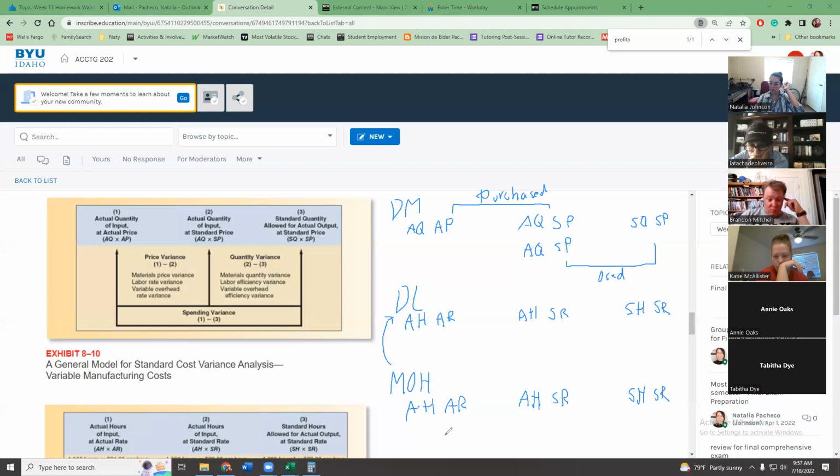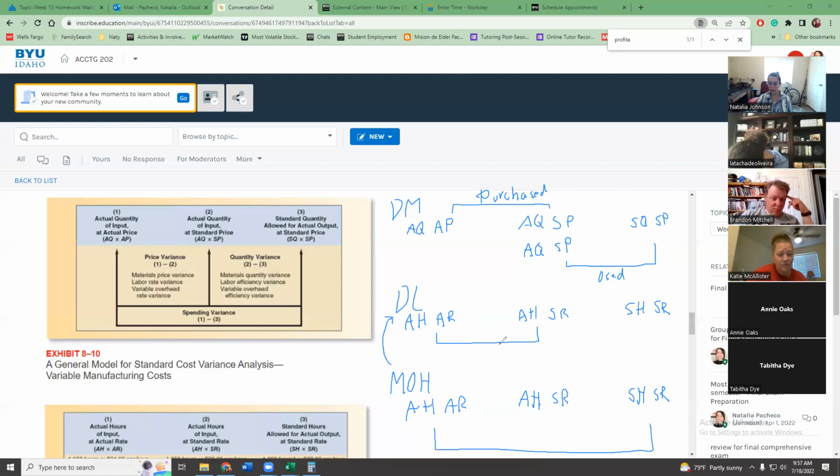And then all of these are the spending variances. This one, do you guys remember what it's called? Labor variance. What was that? Isn't it the labor variance?